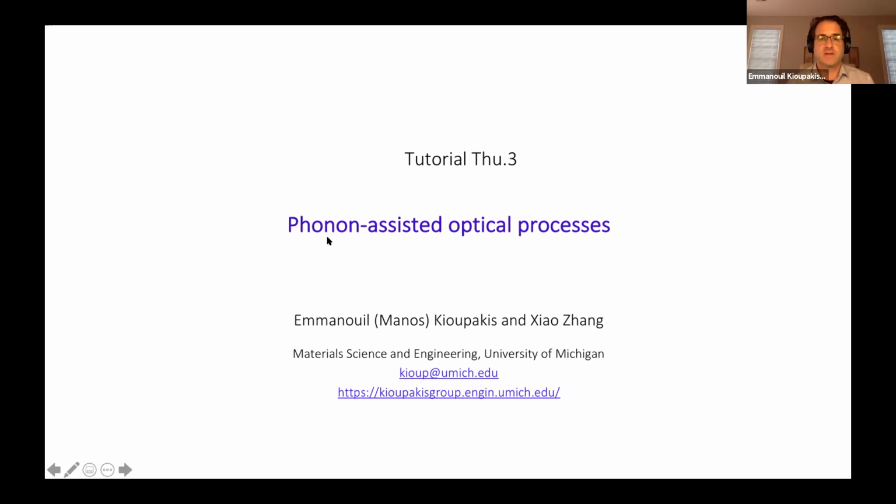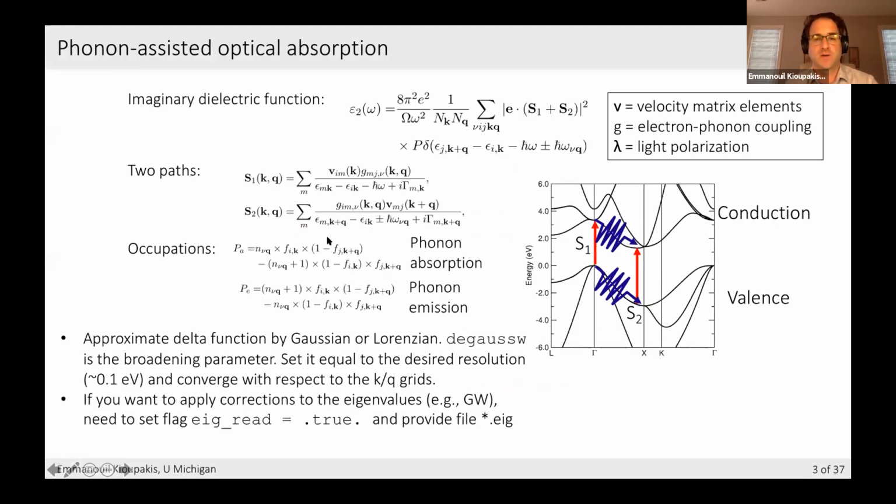All right, so just a reminder first about what we're trying to calculate. Let's look at the top equation here. This equation gives us the imaginary part of the dielectric function, which describes the phonon-assisted photon absorption by a material, particularly in the spectral region between the indirect and direct bandgaps. What are the ingredients?